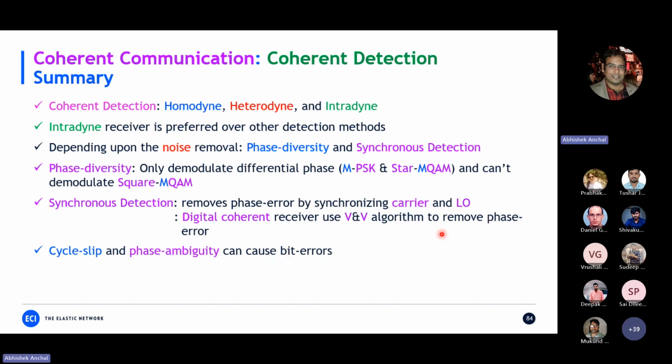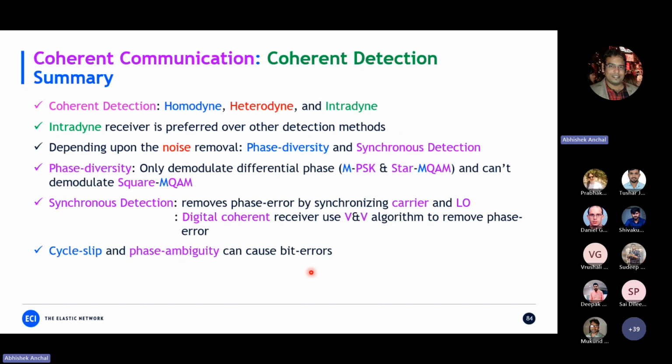Even though it tries to reduce the phase error, still, because of the DSP, because it basically implements a mathematical function, there is cycle slip and phase ambiguity present, which can cause bit error. Even if they try to use differential detection, it's still sometimes present. So it can still cause bit error.